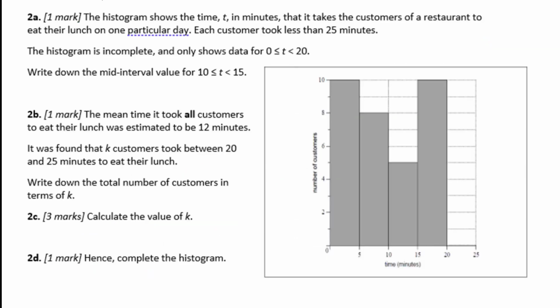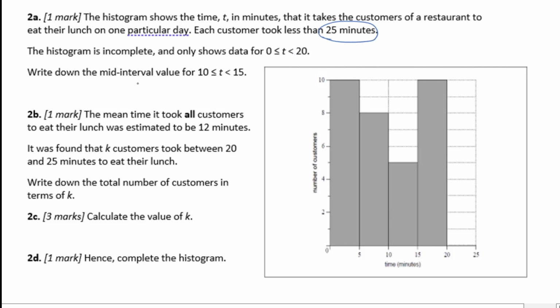The histogram shows the time t in minutes that it takes the customers of a restaurant to eat their lunch on one particular day. Each customer took less than 25 minutes. The histogram is incomplete and only shows data for t greater than or equal to 0, less than 20.